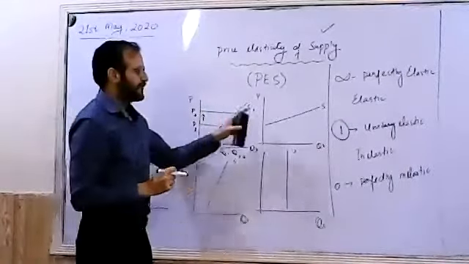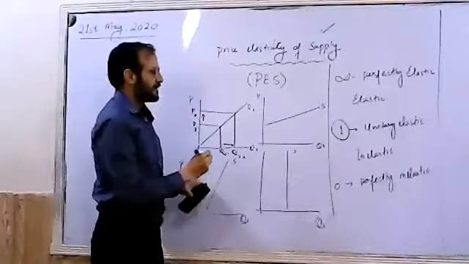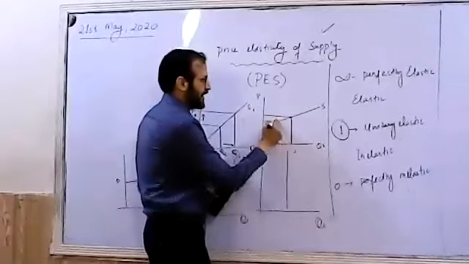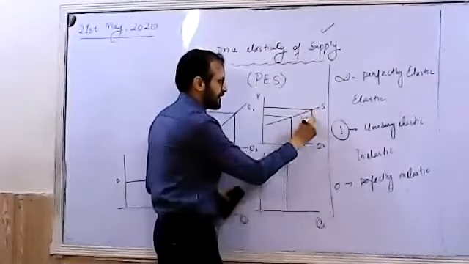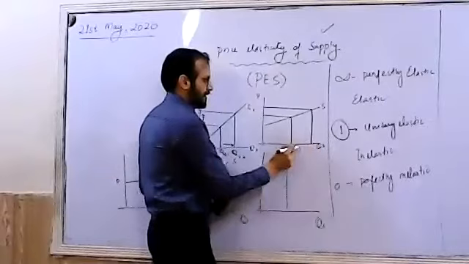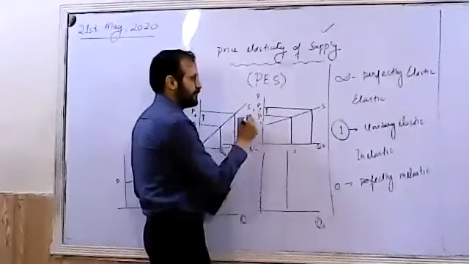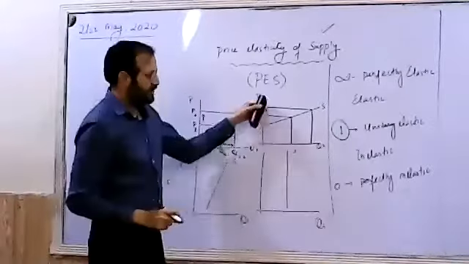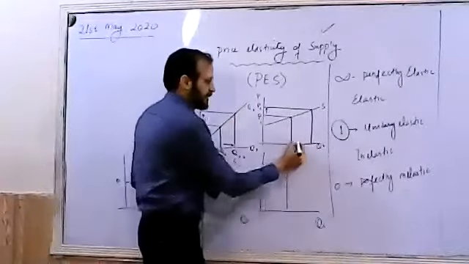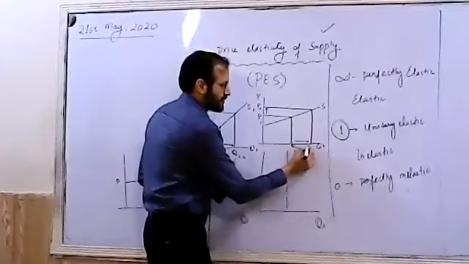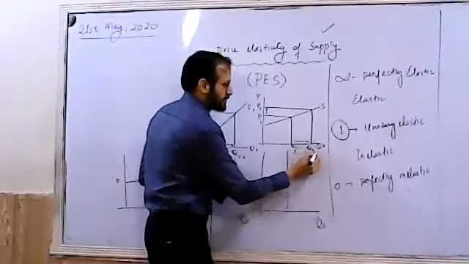Okay, so moving on to the next graph, taking 2 points of prices. We have price increasing from P1 to P2. You can see there's a very small change in the price, but a larger change from QS1 to QS2.